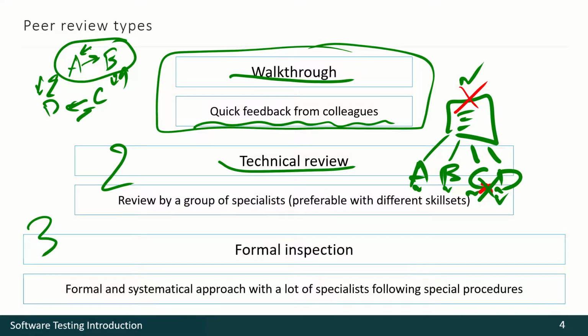Third, and the rarest, is formal inspection. This is a really formal, sophisticated, systematical approach with a lot of specialists following special procedures and so on and so on. The next analogy is not really true, but just imagine it's some kind of rocket science. So it's really rare, and it happens in the following situation.